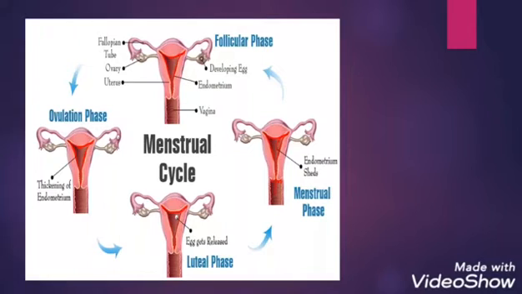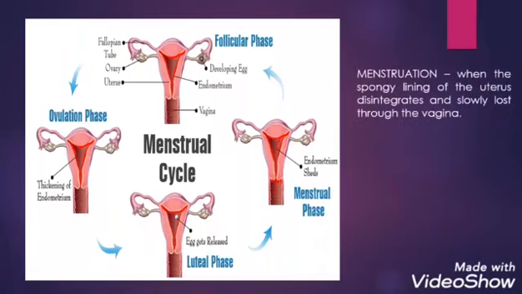it should survive. If the egg cell is not fertilized, it is dead by the time that it reaches the uterus. It does not sink into the spongy wall, but continues onwards down through the vagina. As the spongy lining is not needed now, it gradually disintegrates.